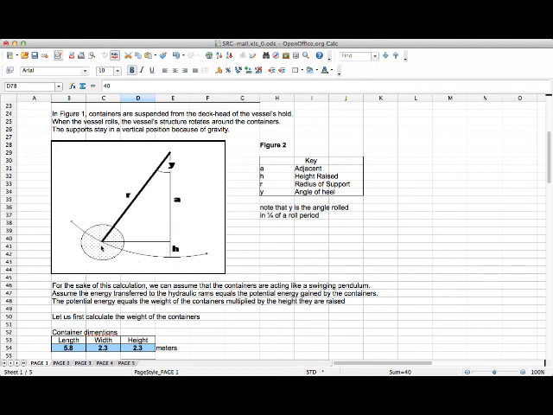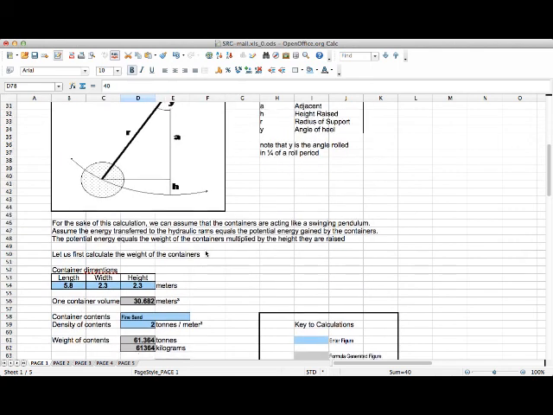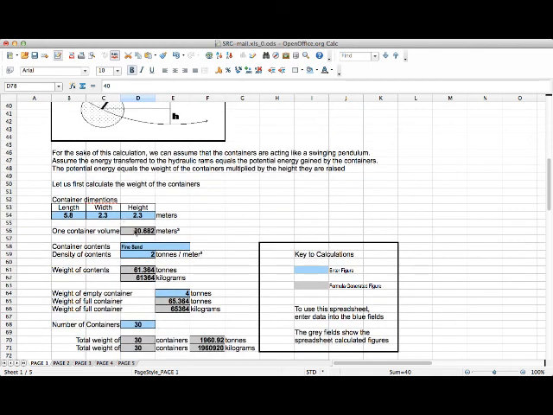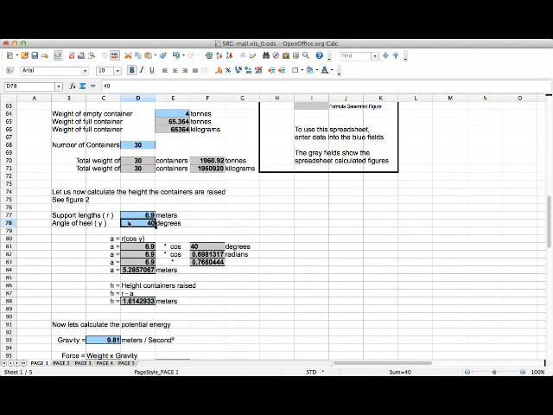So we know the weight of the containers, and now we can calculate the height, the distance which the container has risen because of the rolling. If we use that information, we can plug in, for example, how big the containers are, how heavy the containers are. I said that the ship could be rolling at least 40 degrees from side to side.